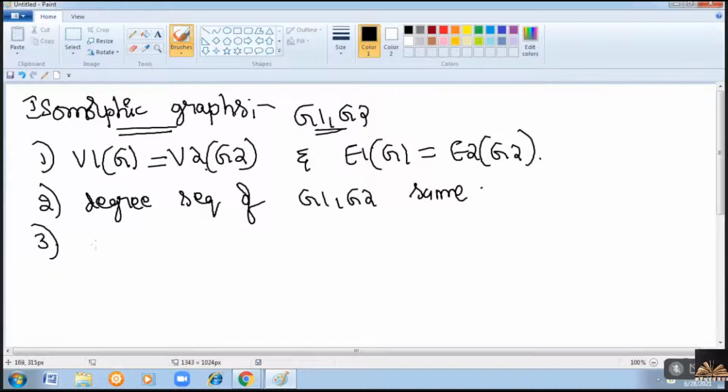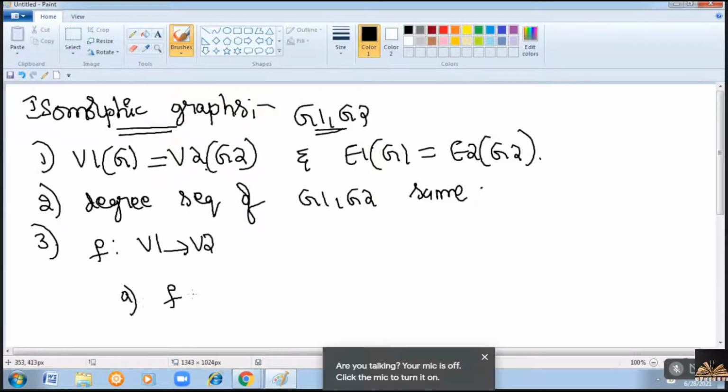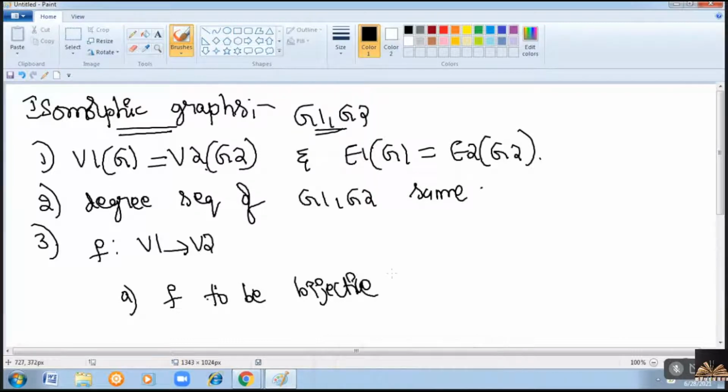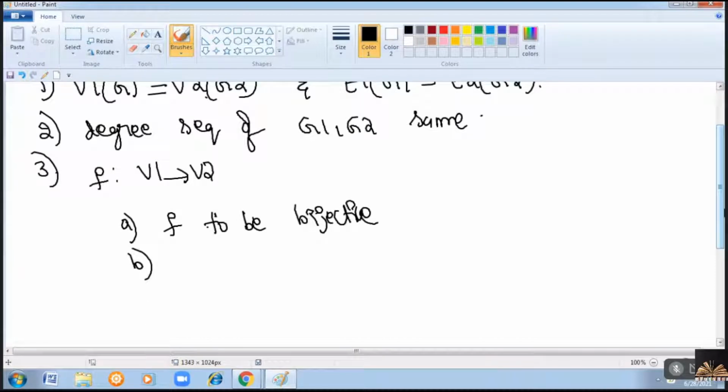Next, you will define a function f from V1 to V2 such that the function f should be bijective. What is a bijective function? Bijective function means the function should be both one-one and onto.